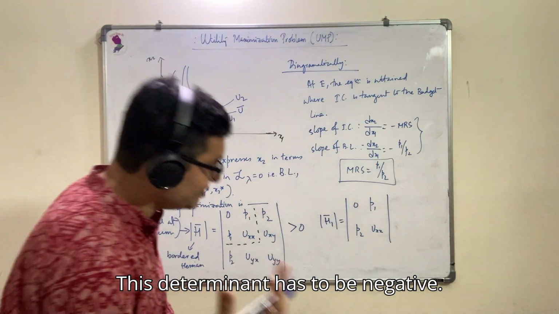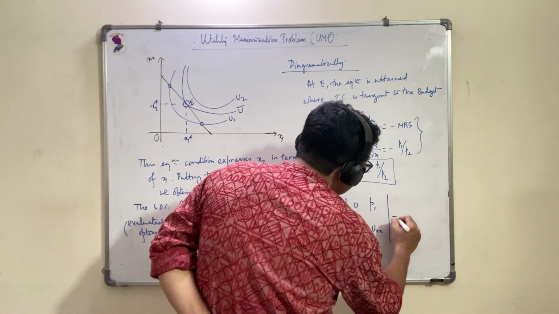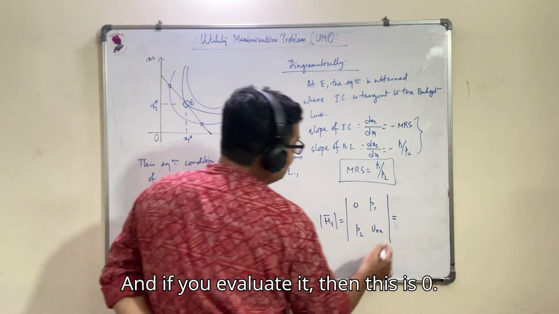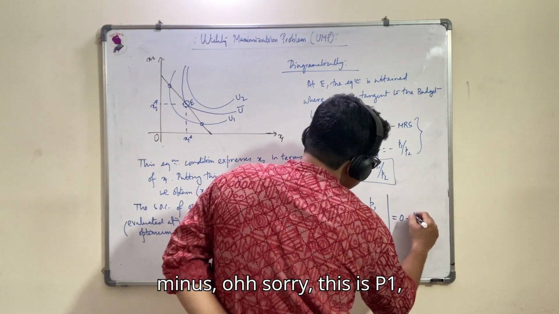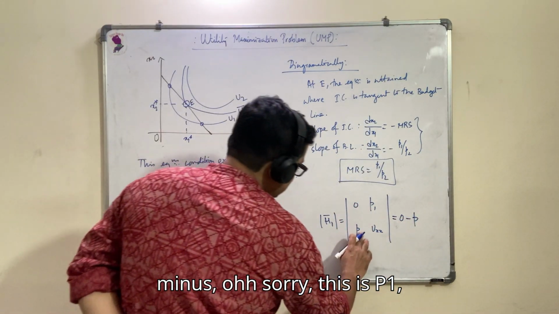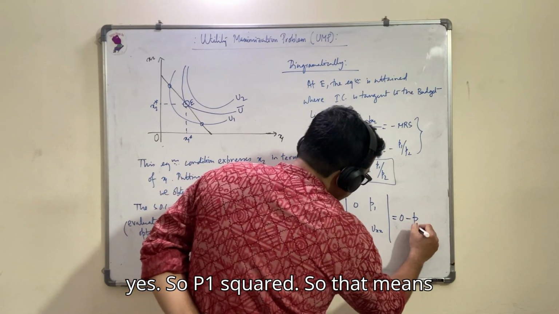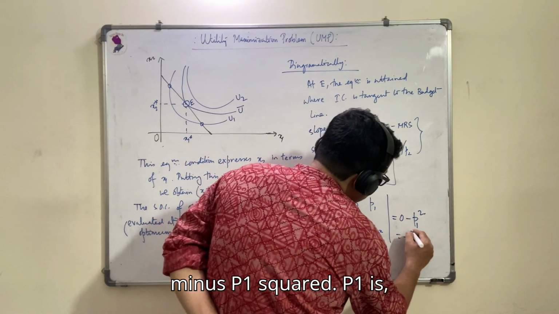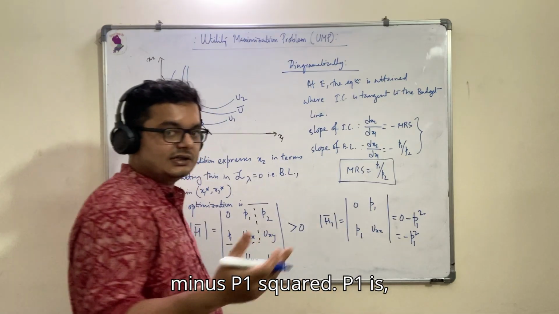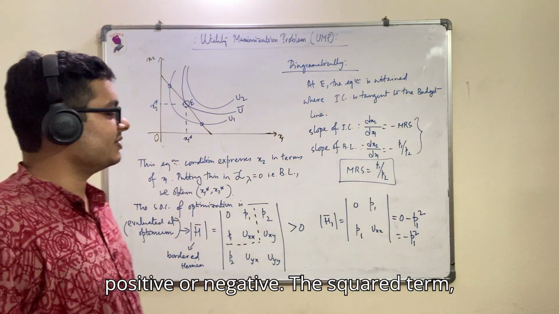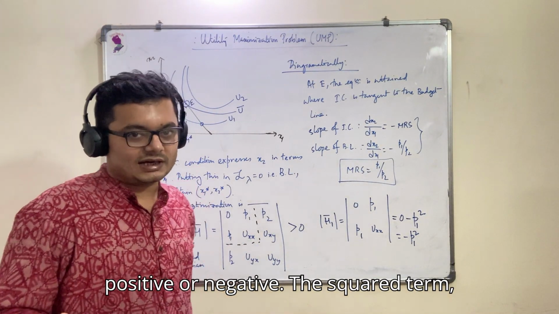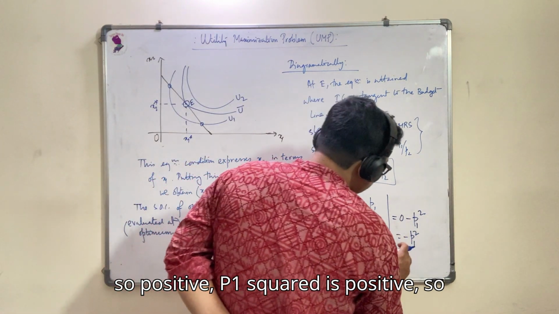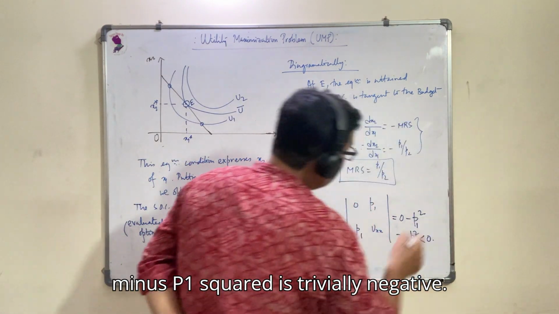This determinant has to be negative, and if you evaluate it, then this is 0 minus, oh sorry, this is P1, yes, so P1 square, so that means minus P1 square. P1 could be positive or negative, it doesn't matter, because of the square term, P1 square is positive, so minus P1 square is trivially negative.